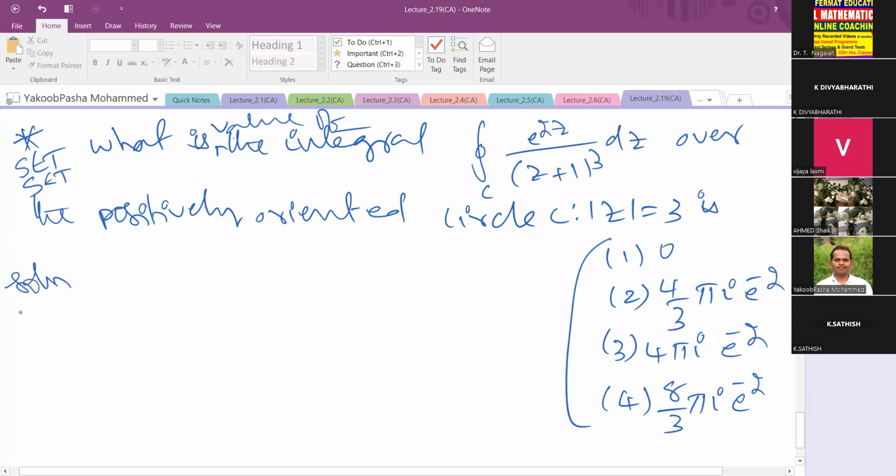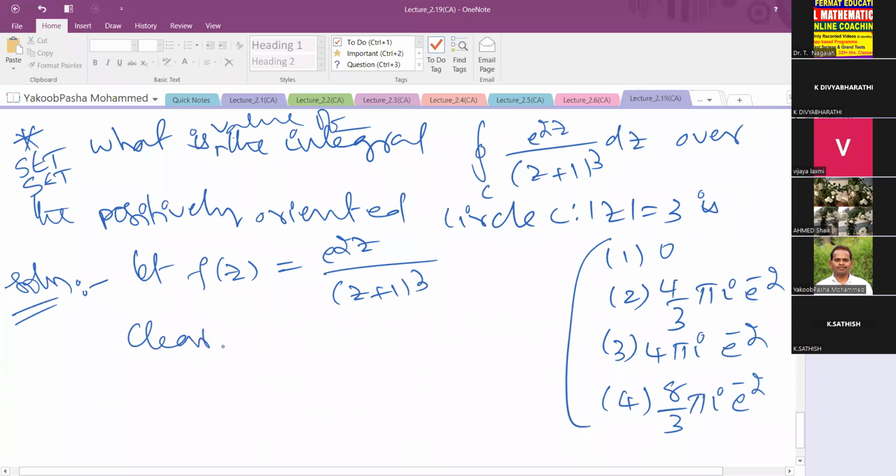First, same story, we have to calculate. I am taking the function f of z is e to the power of 2z divided by (z plus 1) whole cube. Clearly, we can write directly z equal to minus 1 is a pole of order m is equal to 3.